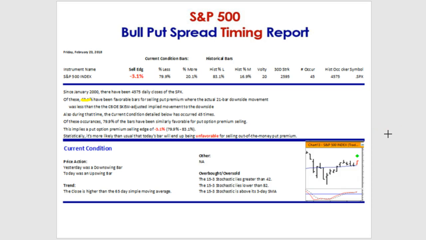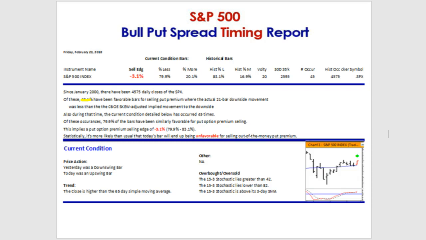83.1 percent of the bars have been favorable bars for selling put premium, where the actual 21 bar downside movement was less than what the option prices were implying. And what we do is we use the SIBO skew adjusted VIX to get that implied downside movement.